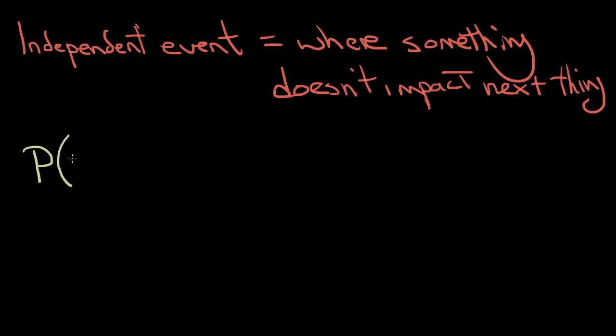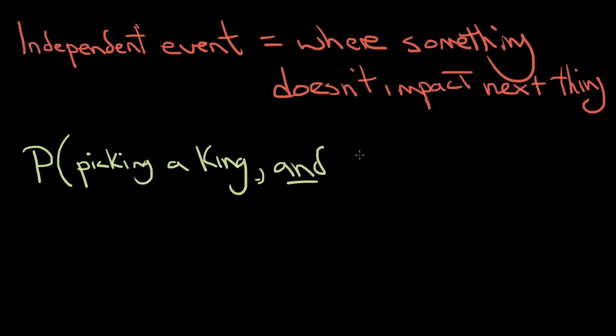What's the probability of picking a king, from a deck of cards, comma, and that's going to be a key word, and rolling a 4. So you have two things going on. Now you have to ask yourself, are these things independent of each other? What I mean by that is, if I pick a king, does that impact what I do for rolling a dice? So think about that.